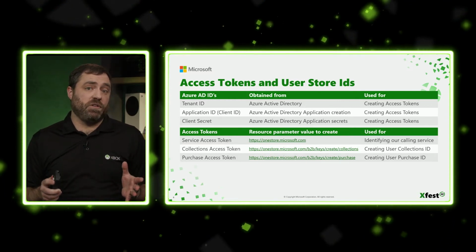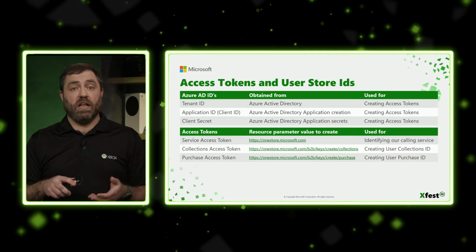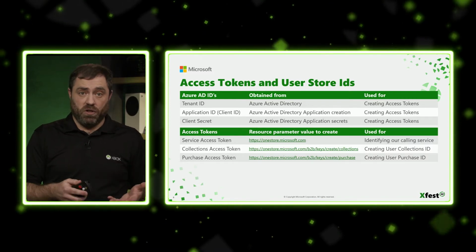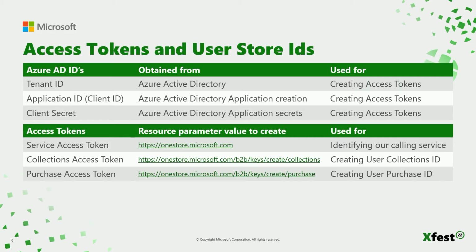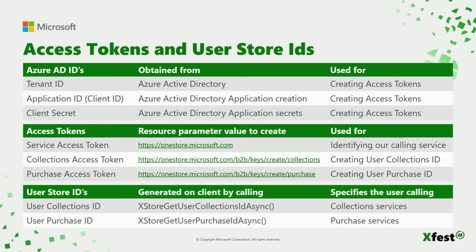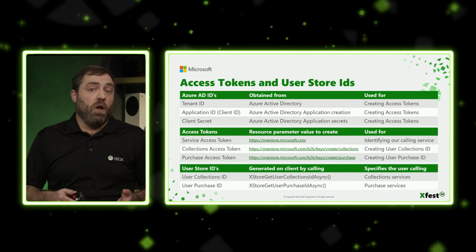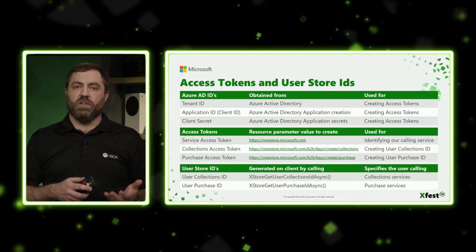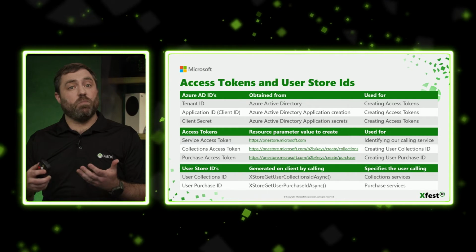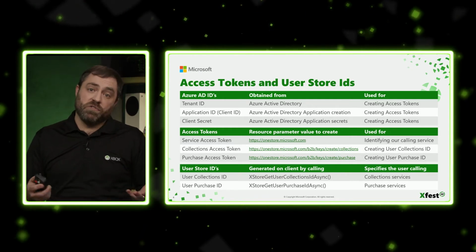Collections access tokens are used to generate user collections IDs and, similarly, Purchase access tokens are used to generate user purchase IDs. User store ID is a generic term for either the user collections ID or a user purchase ID, which are used to identify the user to the corresponding store service. For example, collections requires a user collections ID, and any of the purchase services require a user purchase ID.